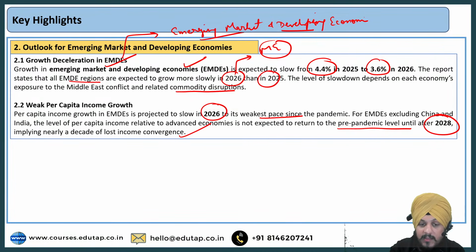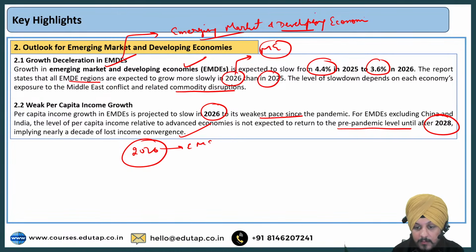So what do you mean by that? Basically, the report says that in 2026, the per capita income with respect to EMDEs is expected to slow to its weakest pace since the pandemic, which basically means that the average improvement of people's economy, or I should say the living standard, is going to remain weak, right?